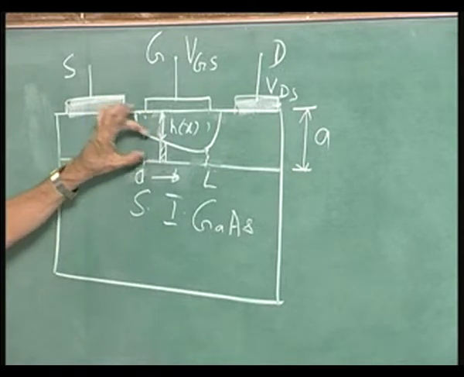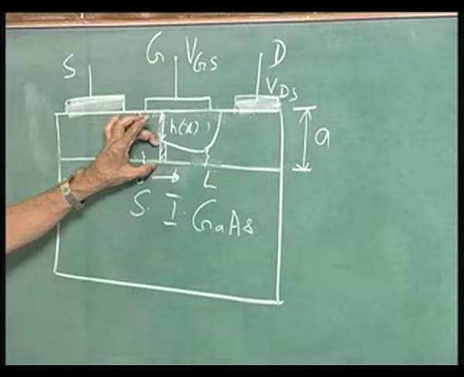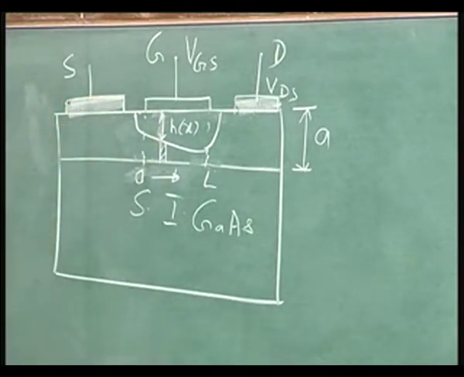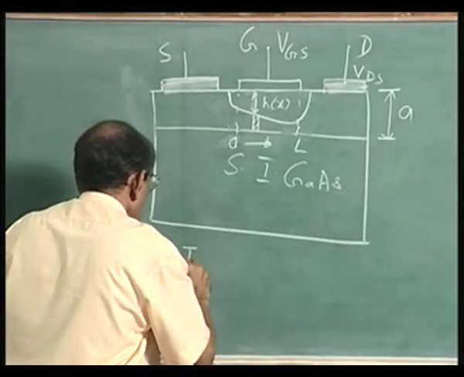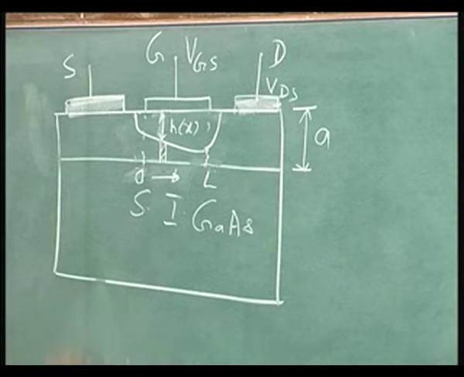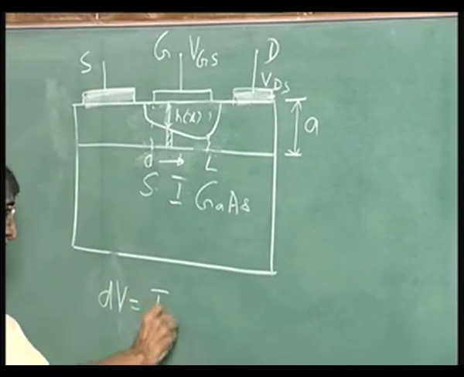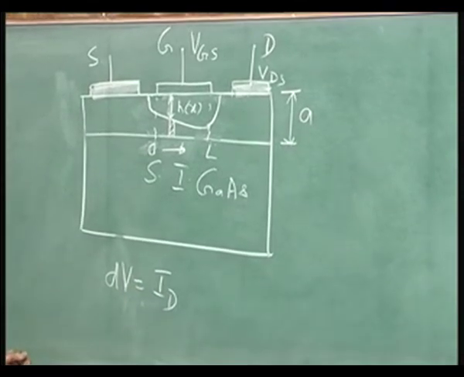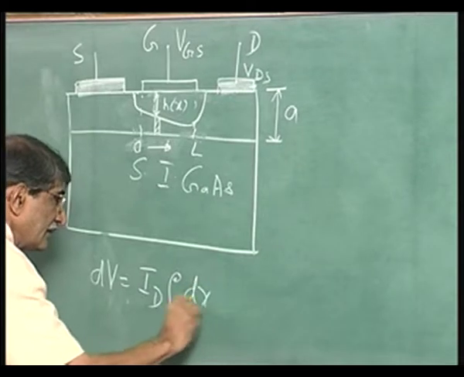So, the area of cross section for current flow is A minus h, into the depth W. So, the voltage drop dV will be equal to I d into rho into d of x divided by area.